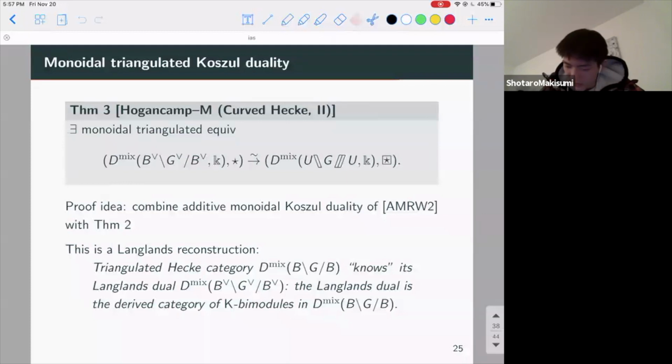Let me just say very briefly. Right now all these categories are doubly graded, but I'm basically adding the Hochschild grading, motivated by Khovanov's construction of link homology.